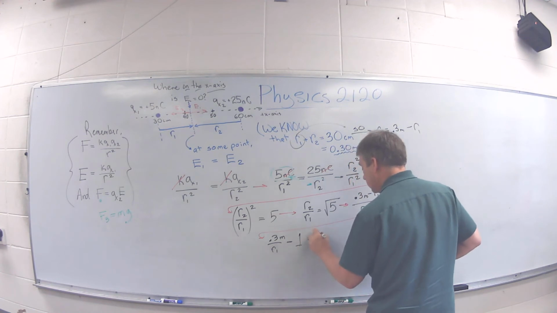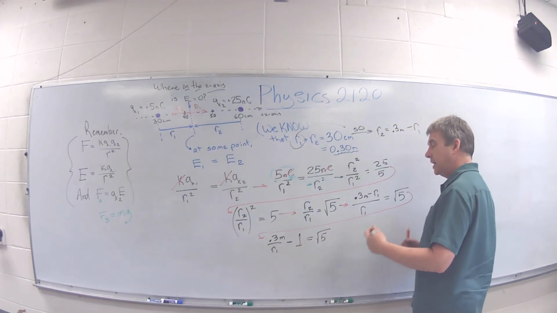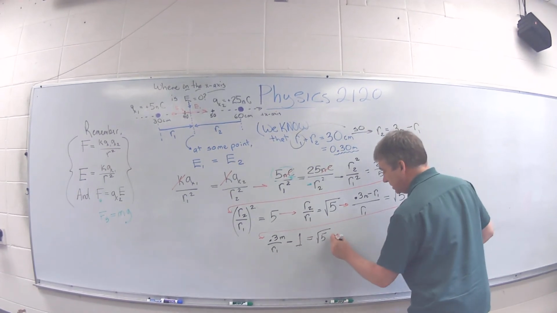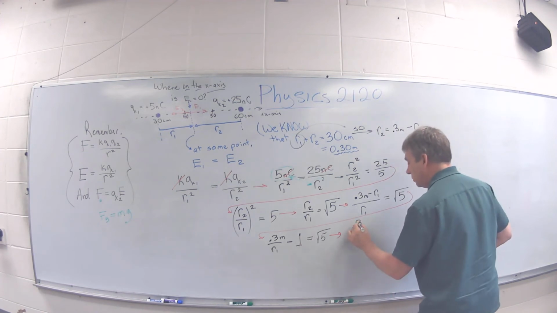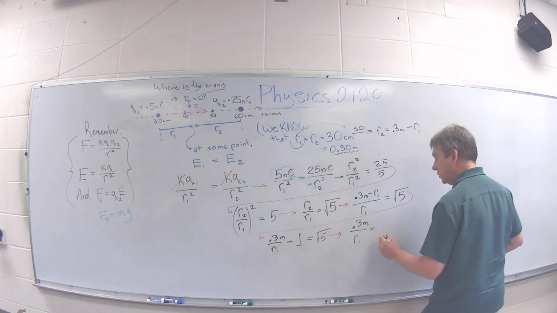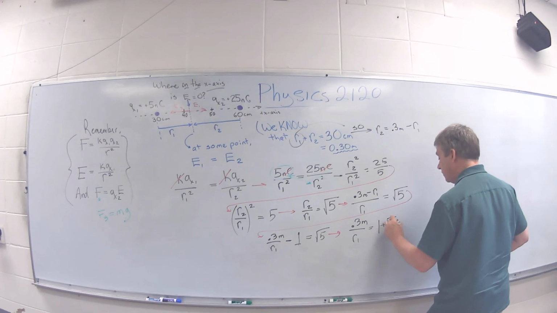And that equals the square root of 5. Okay? Now what? You take the negative 1 over to this side, and we have 0.3 meters divided by R1 is equal to 1 plus the square root of 5.